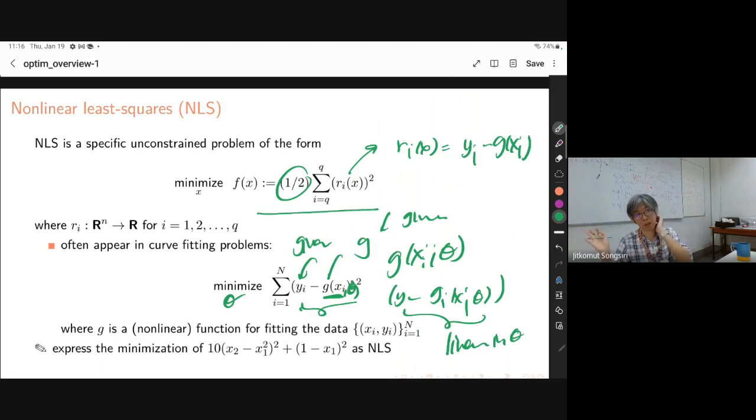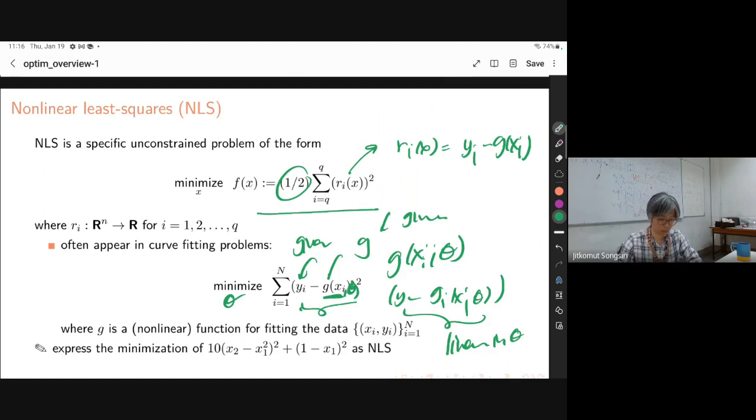In terms of algorithm, there's a dedicated algorithm for that. So in the process of solving this as an applied user, it's just a matter of formulating your problem in terms of this nonlinear least square form.